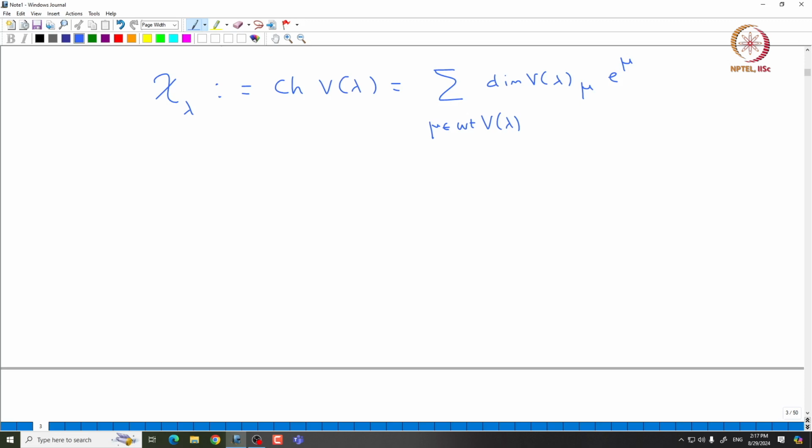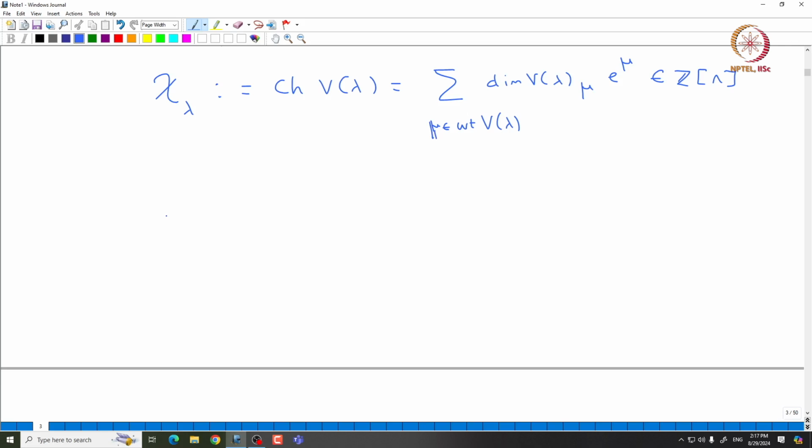So, one can view this as an element of Z double bracket Lambda, and in particular an element of Q double bracket Lambda by 2. We want to understand the character in terms of some known factors.